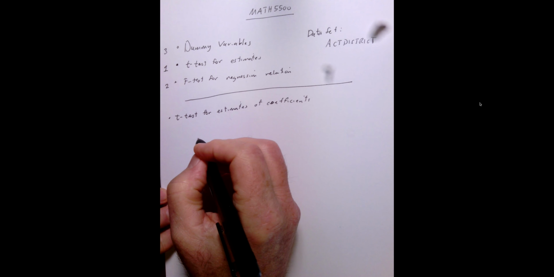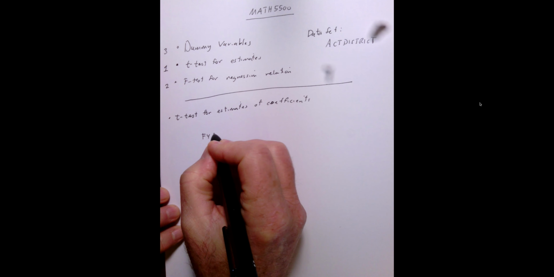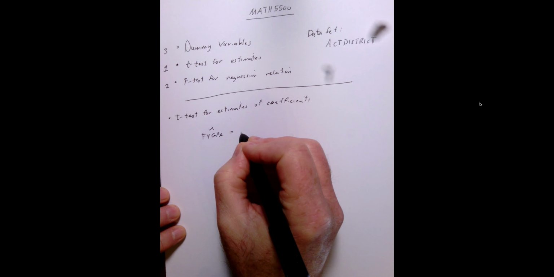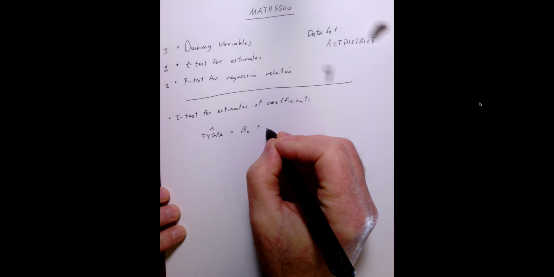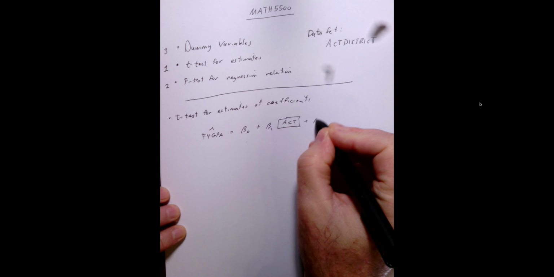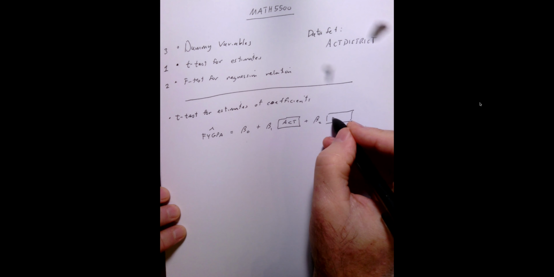Let's say, for example, that we are predicting first-year college GPA from, of course, a beta 0, a beta 1, which is the coefficient for maybe ACT, and a beta 2, which is the coefficient for high school GPA.